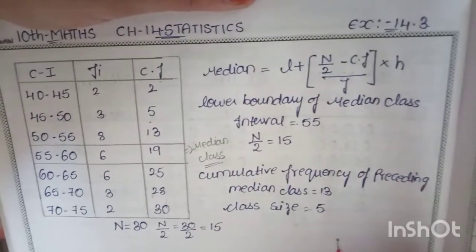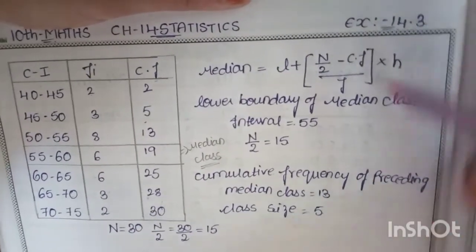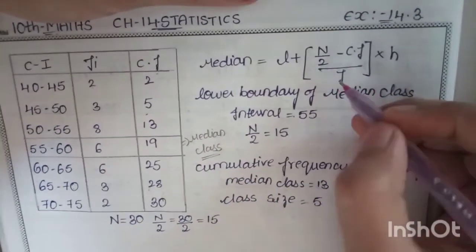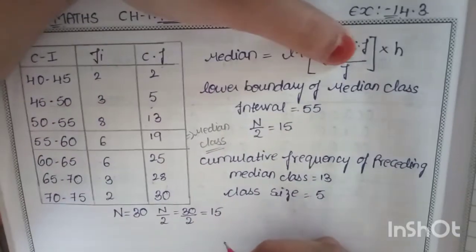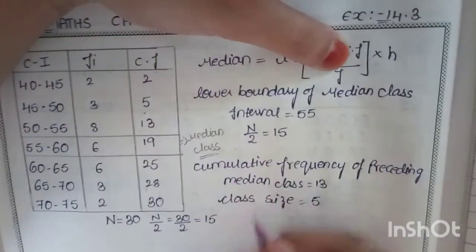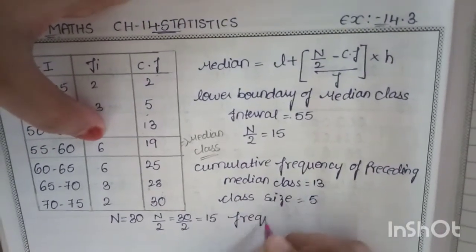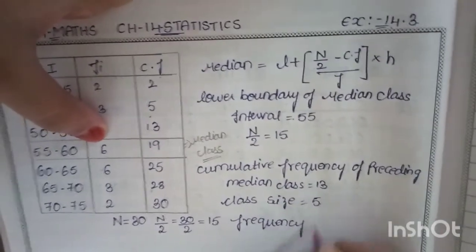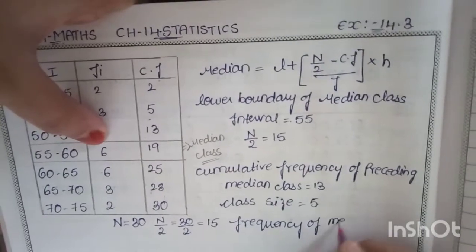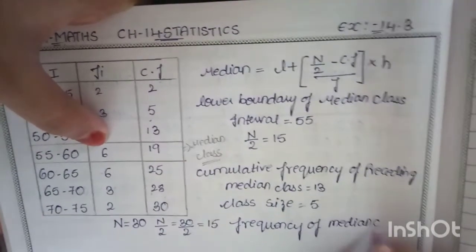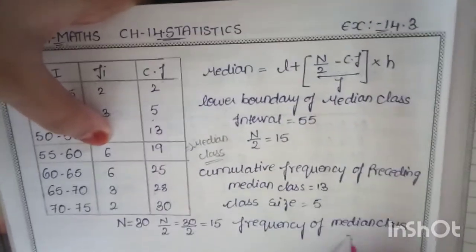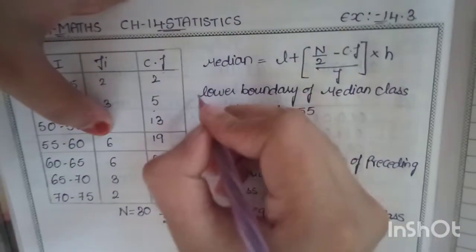Now we have to substitute all these values. Oh wait, we didn't find the frequency. So the frequency is taken from the median class, that is 6. So the frequency of the median class will be equal to 6.